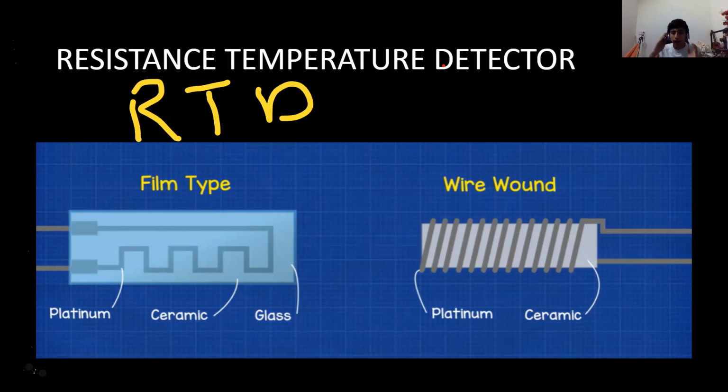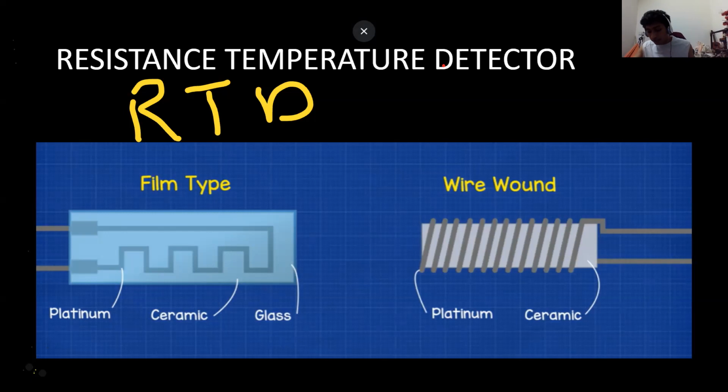Like how in the first case, the value of resistance was changing with the amount of light falling on the sensor, in this case, the value of resistance changes with the amount of heat that is on the resistor. It's as simple as that.